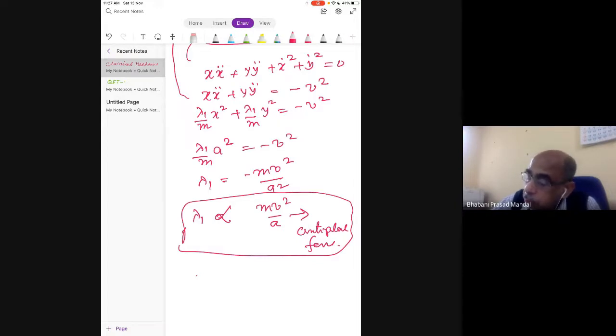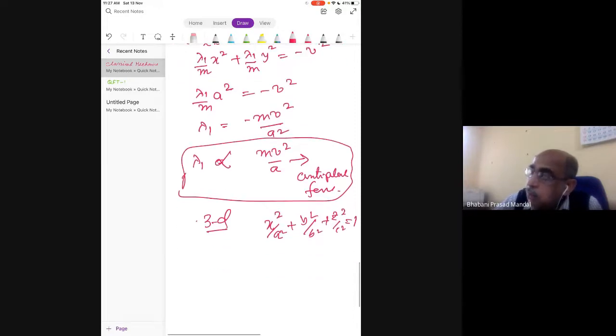Suppose a particle moves on the surface of a sphere, or maybe the surface of an ellipsoid. Let me write, x squared by a squared plus y squared by b squared plus z squared by c squared equals 1. So this is the ellipsoid equation, and the particle moves in three dimensions.